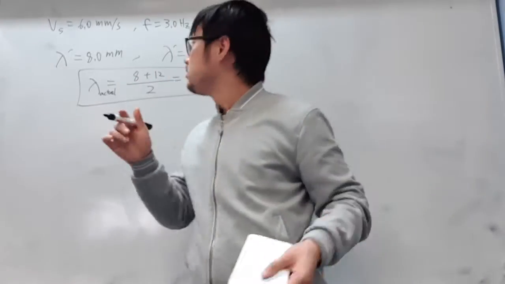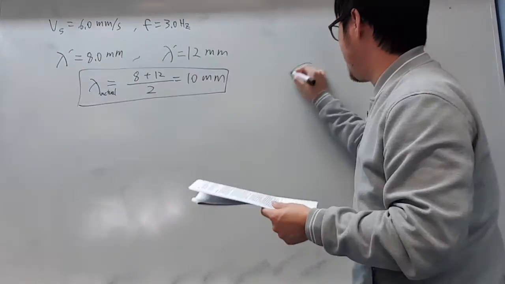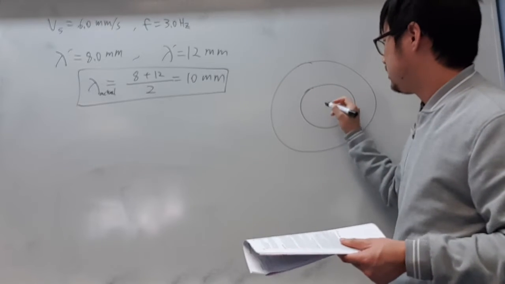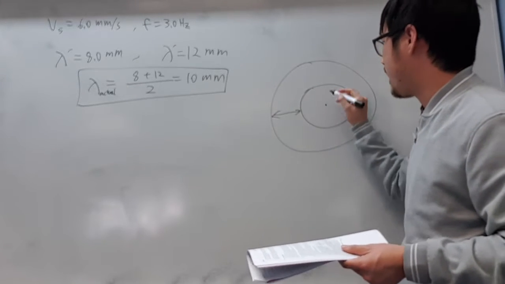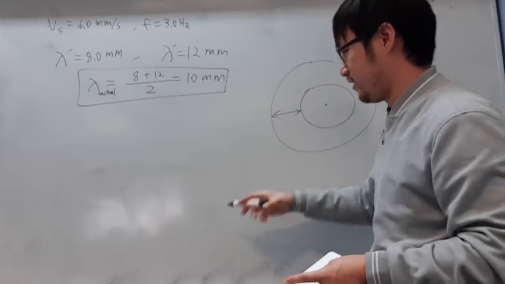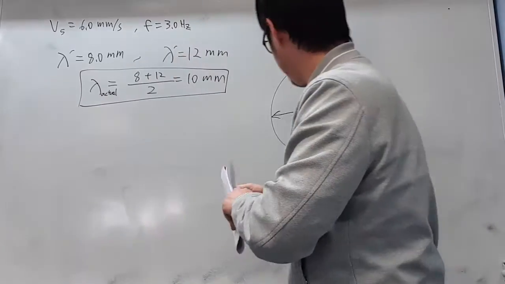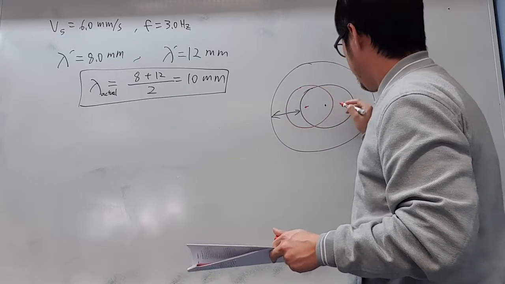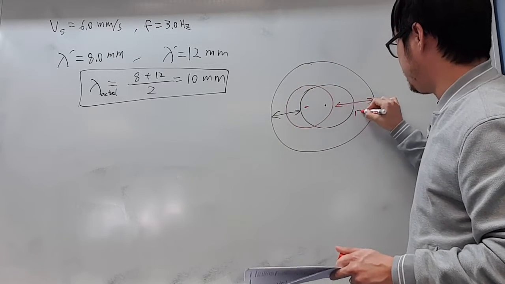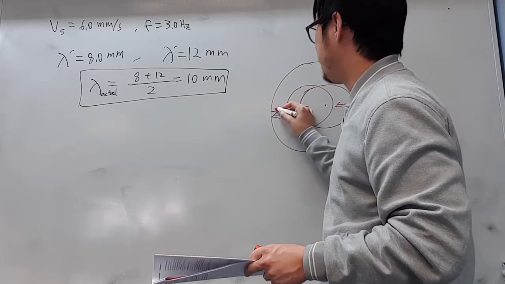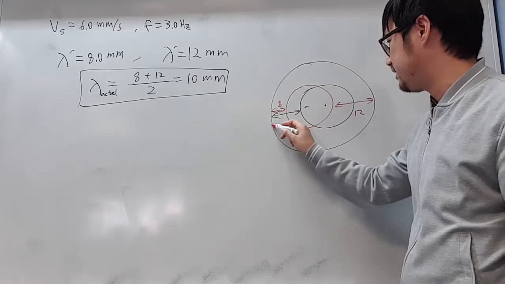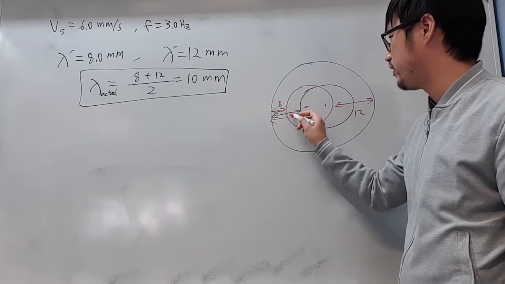So now, say, if we're creating one like that, if it creates another one, this is supposed to be the wavelength, right? But this thing moved to this side like this. It's creating a 12 over here and an 8 over here. If it created 12 over here and 8 over here, what was this distance? What was supposed to be over here?